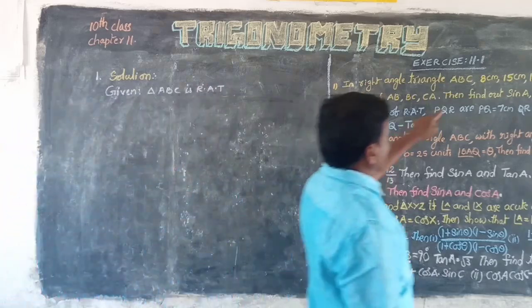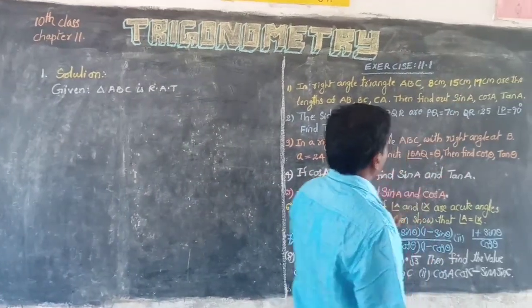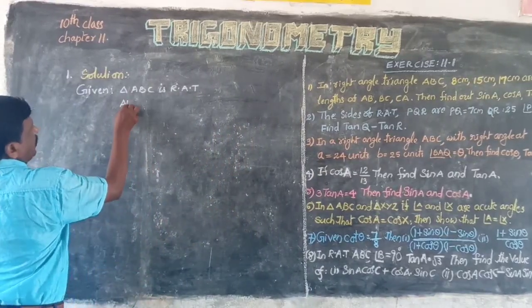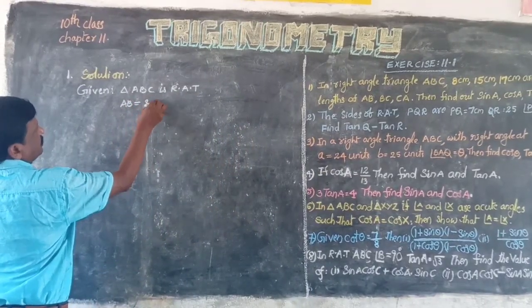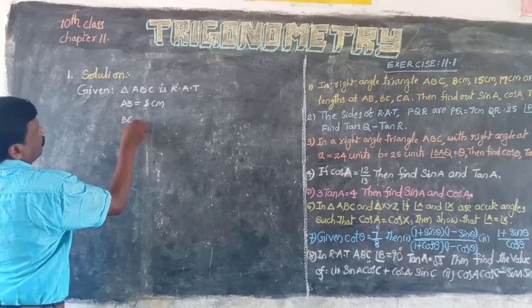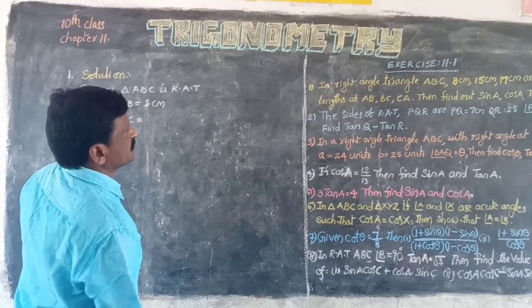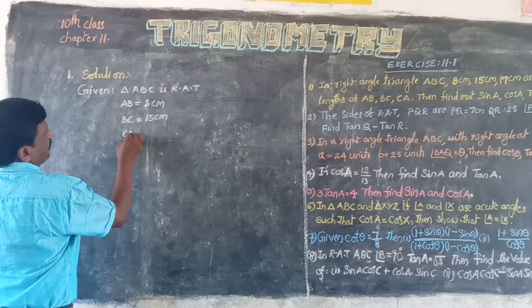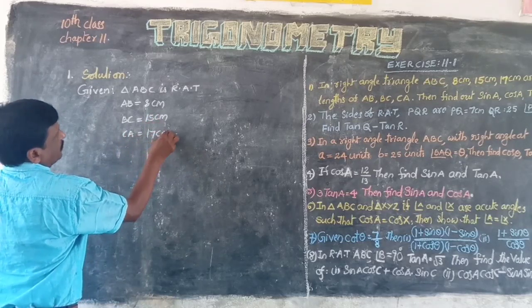Next, 8 centimeters, 15 centimeters, 17 centimeters are AB, BC, CA. AB is 8 centimeters, BC is 15 centimeters, CA is 17 centimeters.